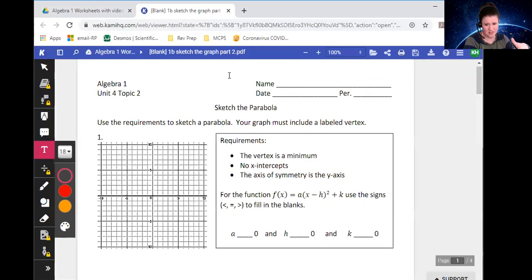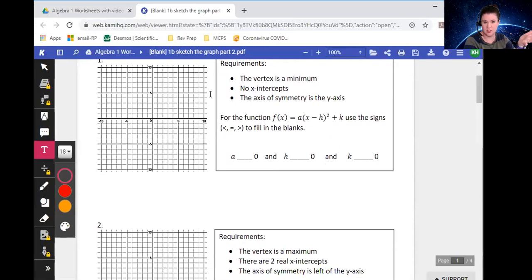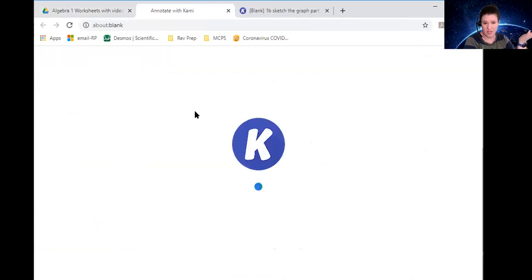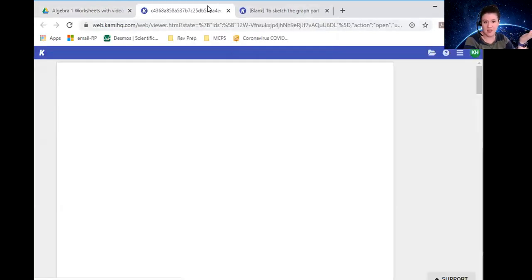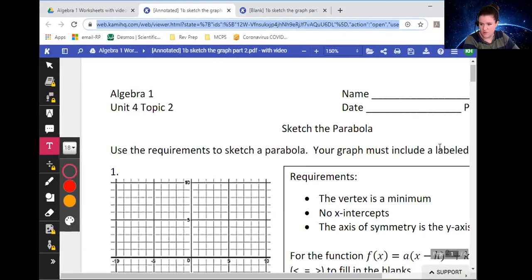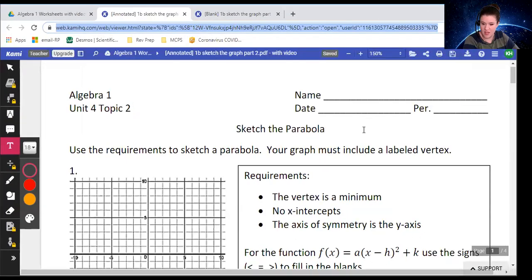But please don't write on this one because I want everyone to have a free copy of it. And then there'll also be one that says annotated. What annotated means is that I've written on this one, and the video link will be on this one, so you can see both. That might not be the system forever, but it'll be the system for right now.